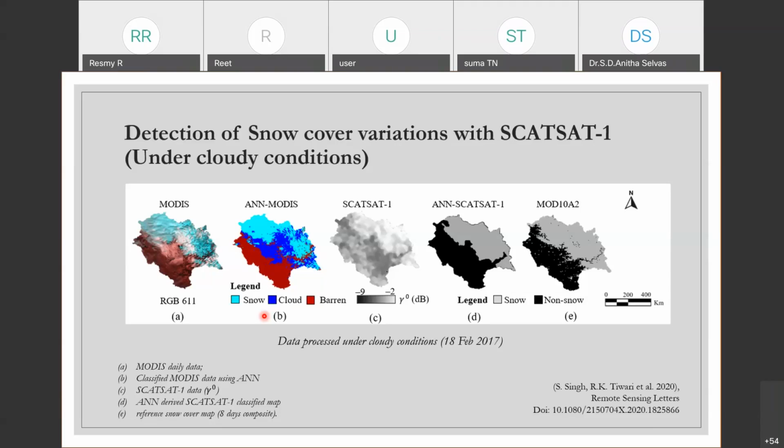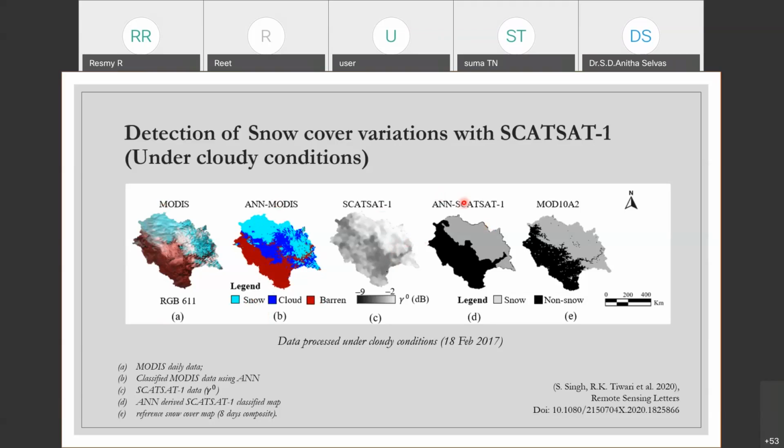So even in the composite images we have cloud present. This image A is MODIS data, which is daily data, and when we classify it we see that some regions are snow, this is the cloud region, this is barren, non-snow area, and this one is the scatterometer data.